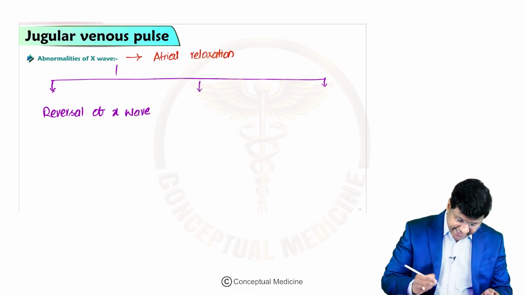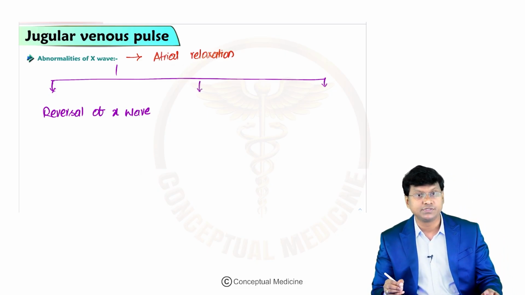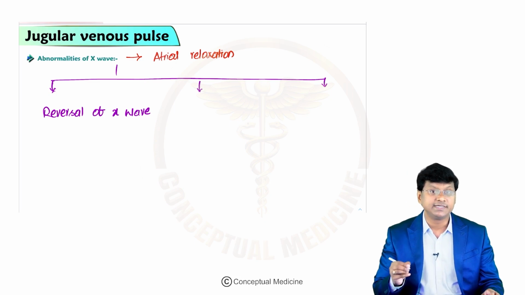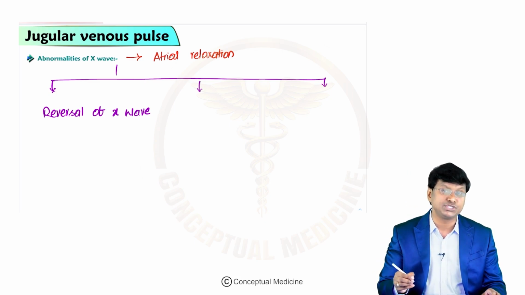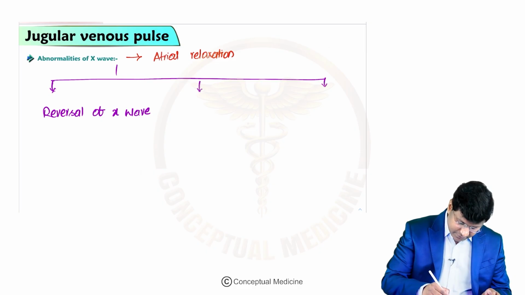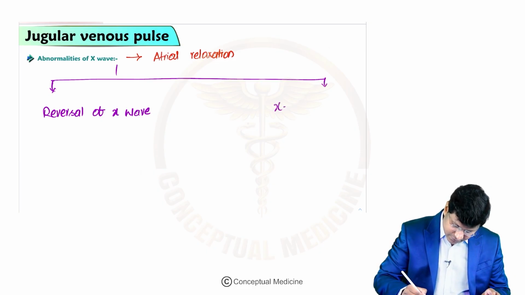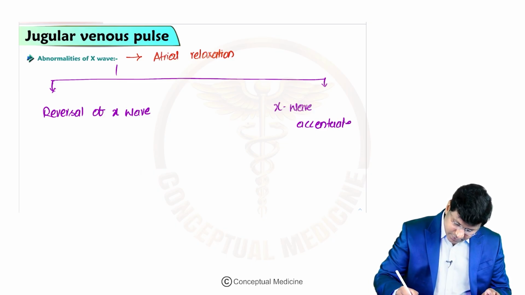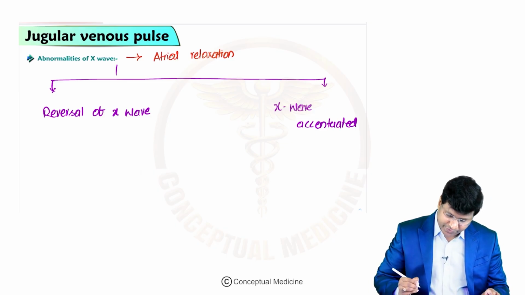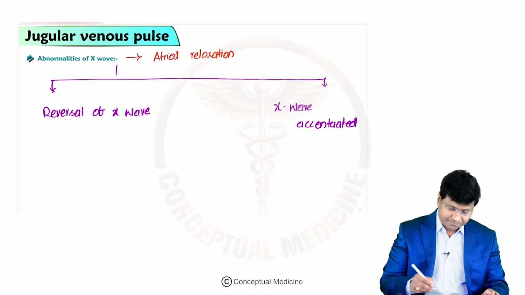And the second important abnormality is the conditions where the X wave is accentuated.